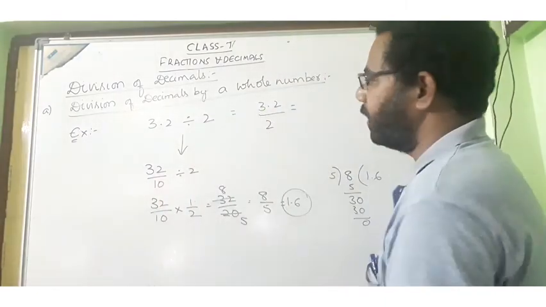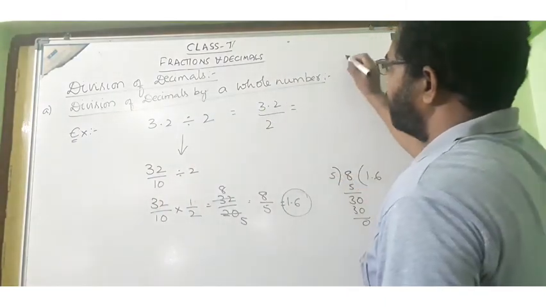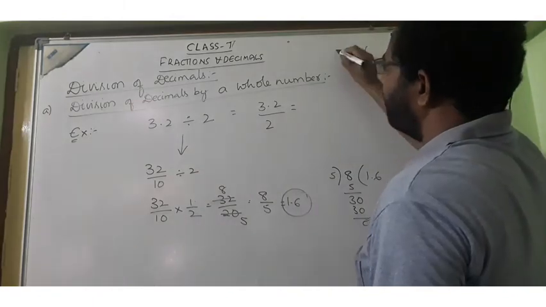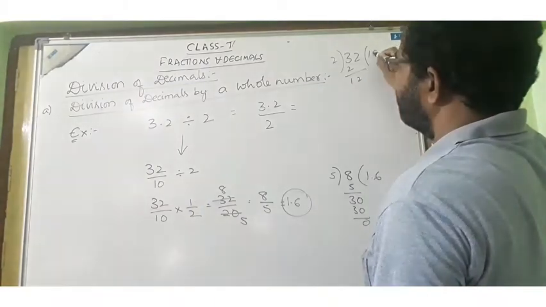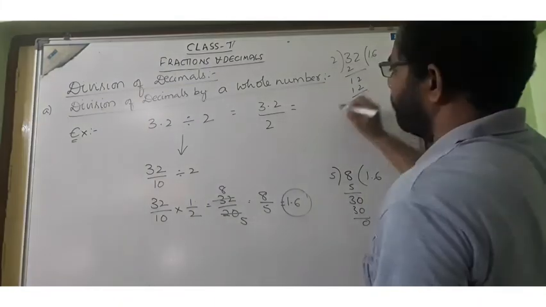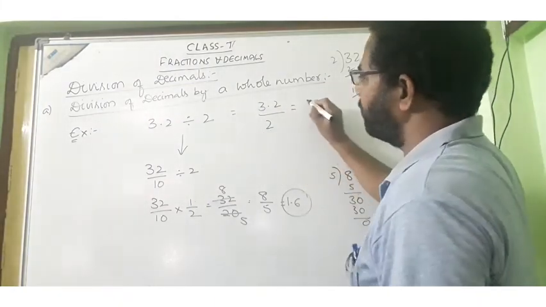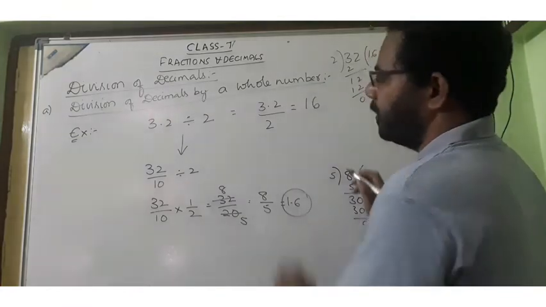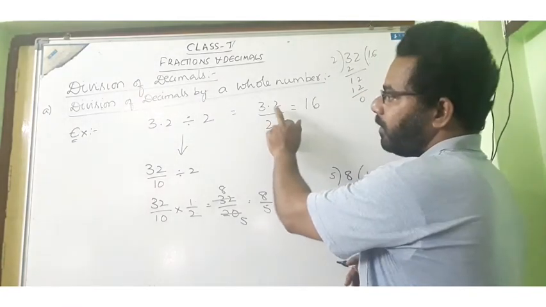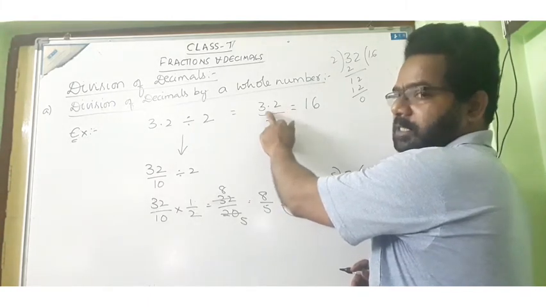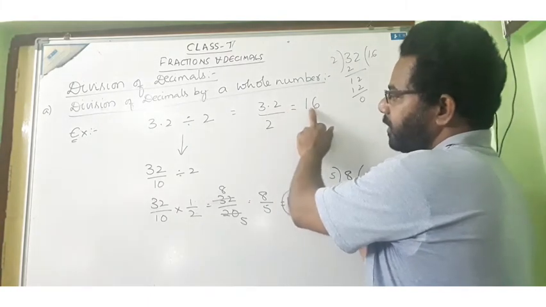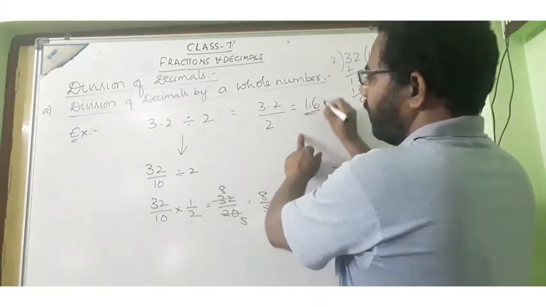We can go for 32. 3.2 by 2 means directly 32 can be divided with 2. 2 ones are 2, 1 remainder, 12, 2 sixes are 12, 0. 3.2 by 2 is equal to 16 we got. But in the question they have given one digit after the decimal. So here also after one digit we have to put the decimal: 1.6.